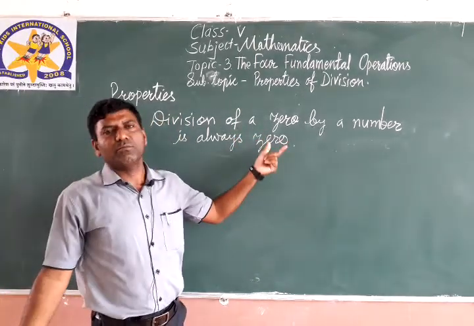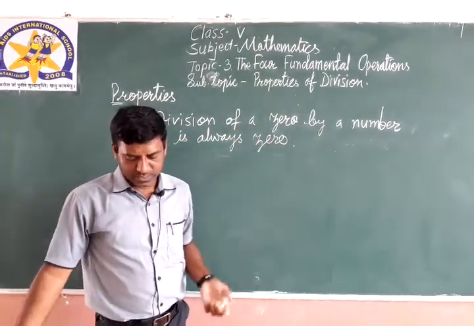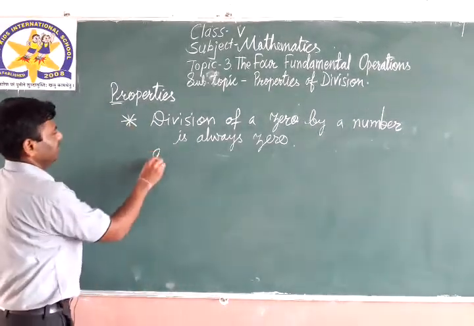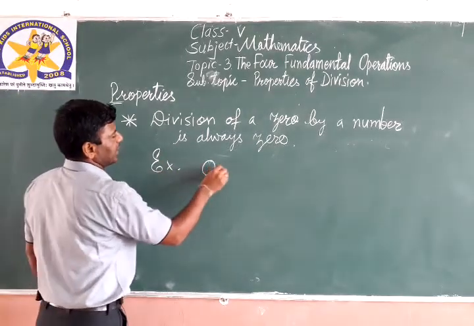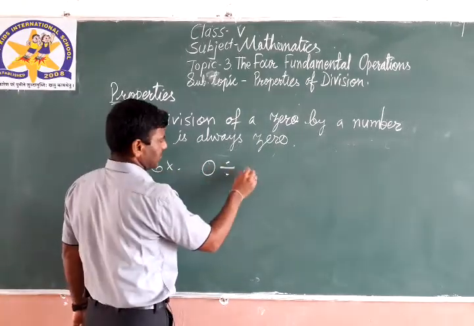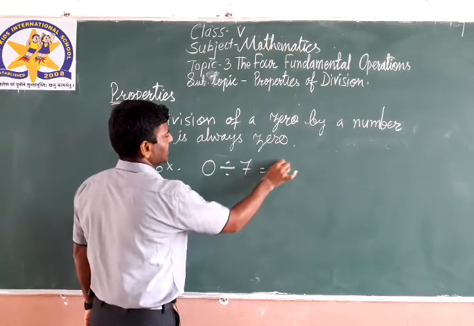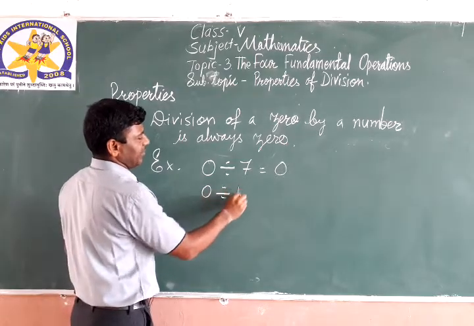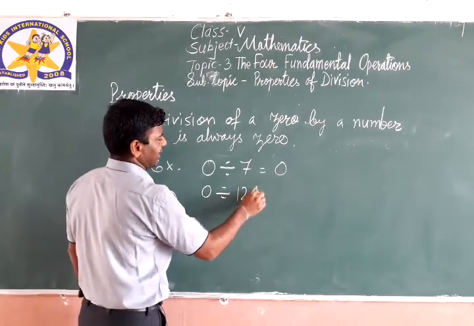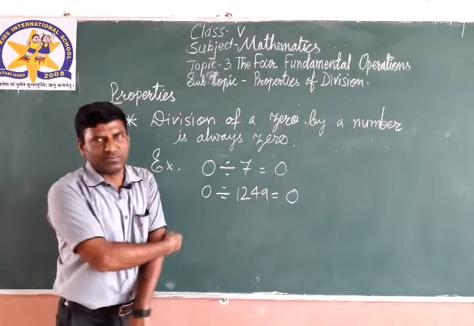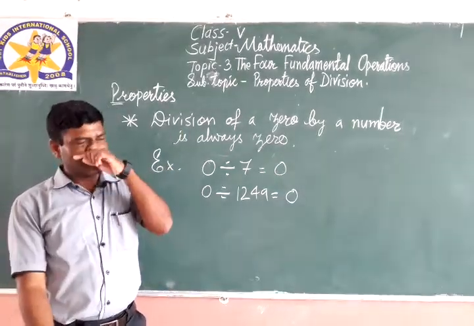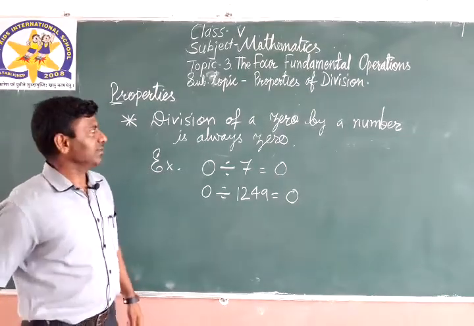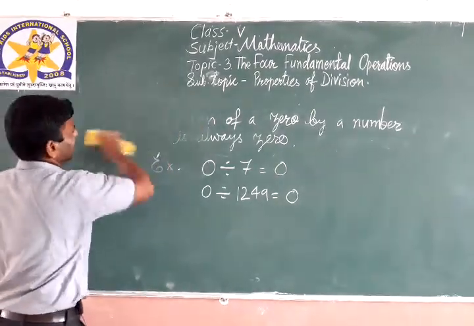Division of 0 by a number is always 0, other than 0. Okay, let's take an example. 0 divided by 7 is equal to 0, or 0 divided by 1249 is also 0. Understand? These are the properties of division, right?